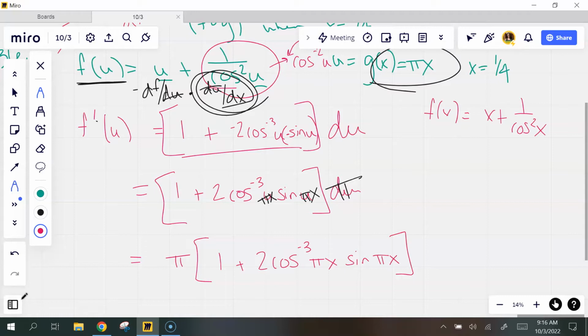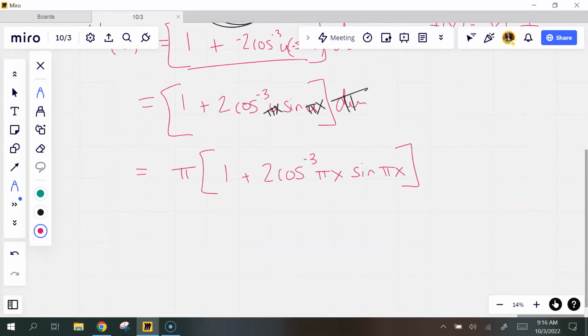Now it tells me to evaluate when x is what? Okay, Alex is going to be excited because this is going to be my unit circle. I got pi over 4, that's exactly right.